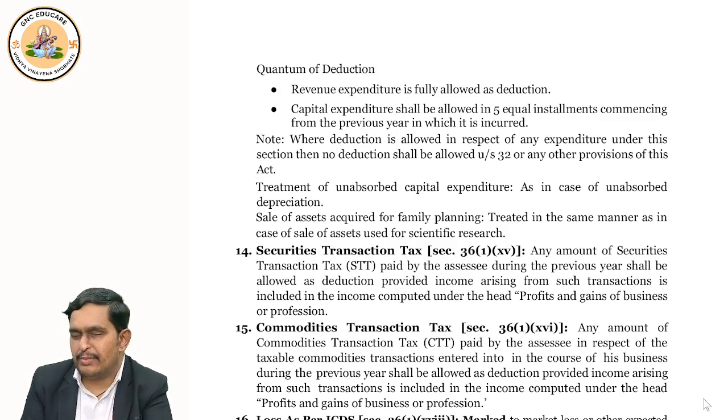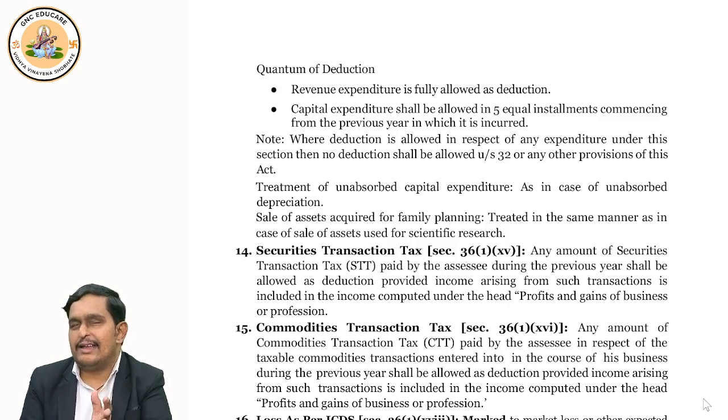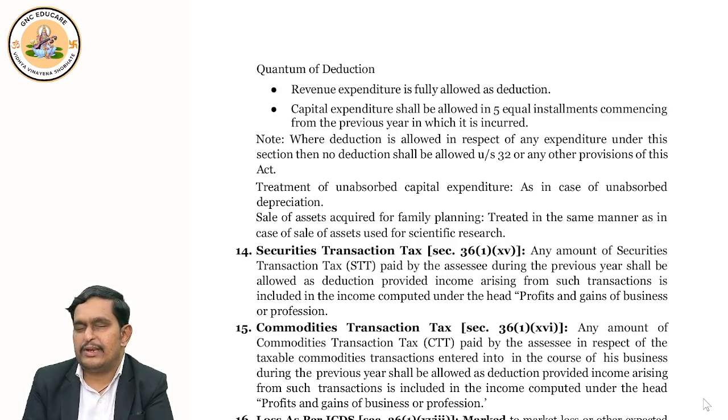Here, under section 36, only for companies: revenue expenditure 100%, capital expenditure in 5 equal installments. But for other assessees, revenue expenditure is allowed as deduction under section 37, but capital expenditure is not allowed. This way you should be able to understand.